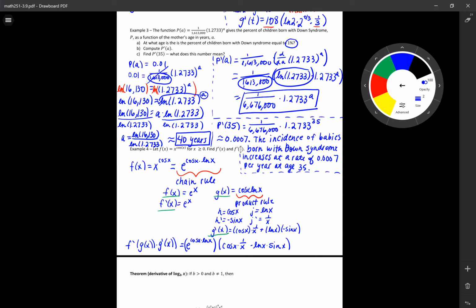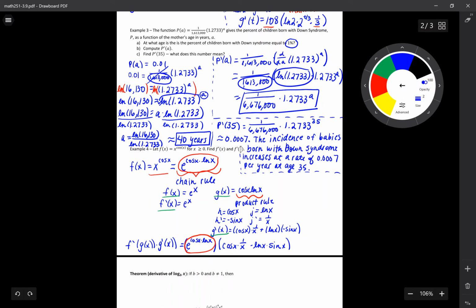Okay, but I want us to pay attention to this guy right here: e to the power of cosine x times natural log of x. Where else did we see that? Well, it's this guy right here, and I know that this is equal to x to the power of cosine x.